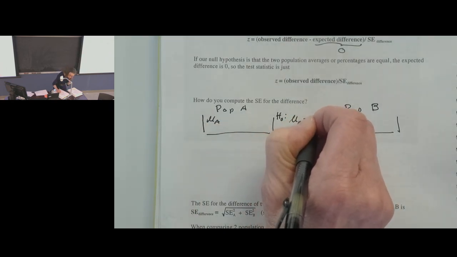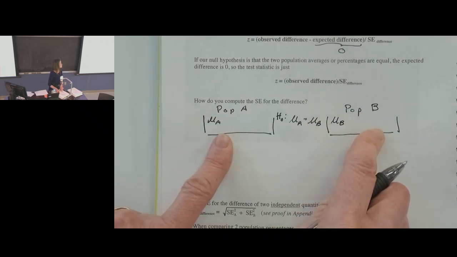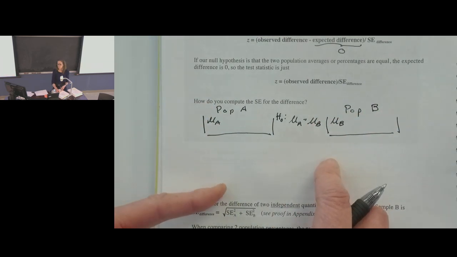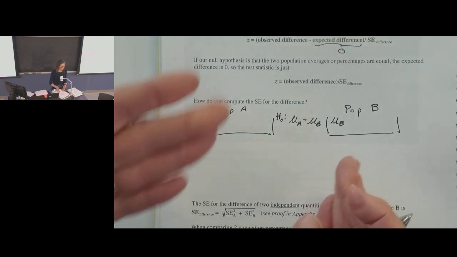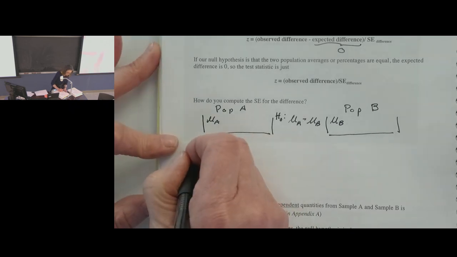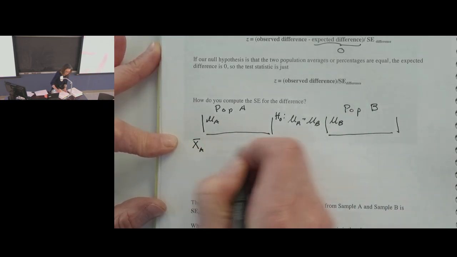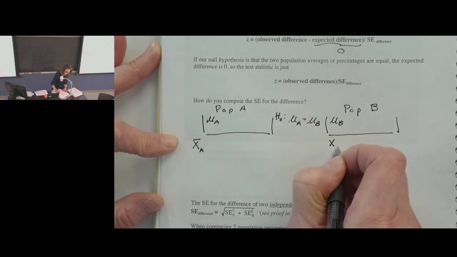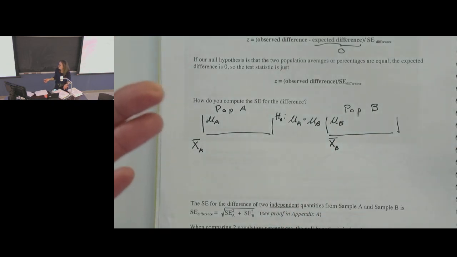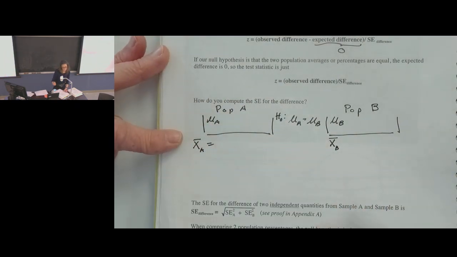It could be males and females or treatment and control, whatever. Then we randomly sample n from each; the n's can be different, they don't have to be the same. We take a random sample and get a sample average for A, and we get another one for B. And let's say they're different. Just by the luck of the draw, they're bound to be somewhat different, right?